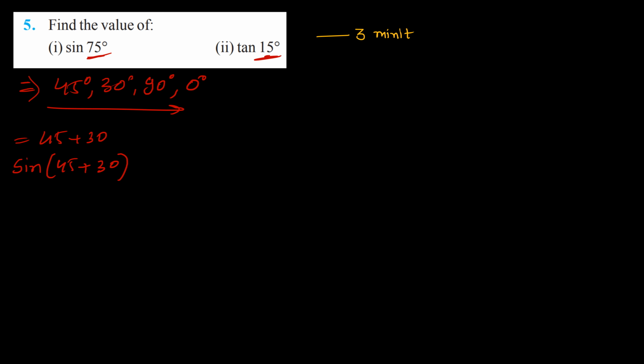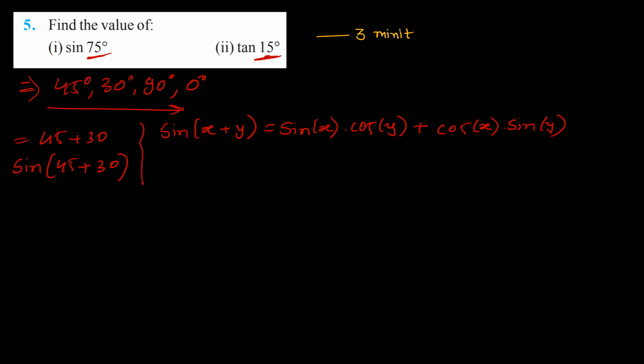That means we have the formula of sine x plus y, which is sine x into cos y plus cos x into sine y, right? Okay. Now let us put the values. Now x is equal to 45 degrees and y is equal to 30 degrees.